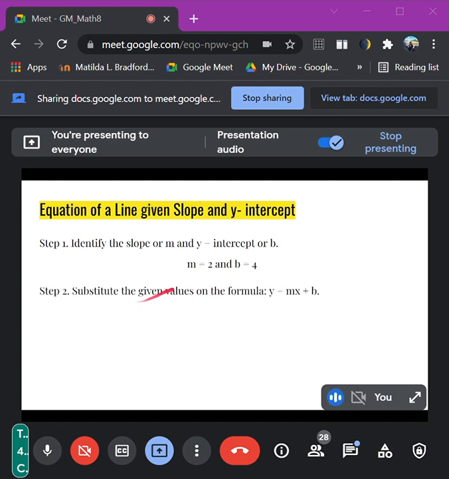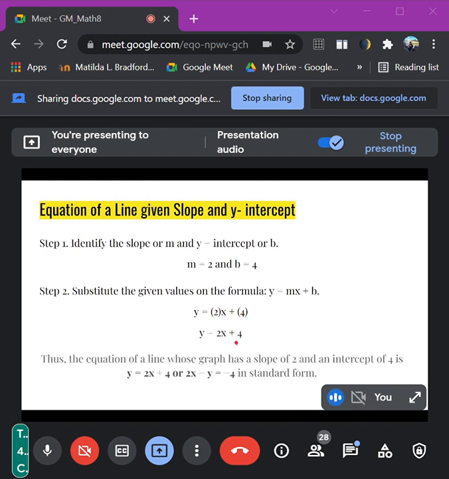Now you're just going to substitute into the formula. So y is equals to m, that is 2 times x, plus 4, the y-intercept. Then simplify: multiply 2 times x, that is 2x, plus 4.